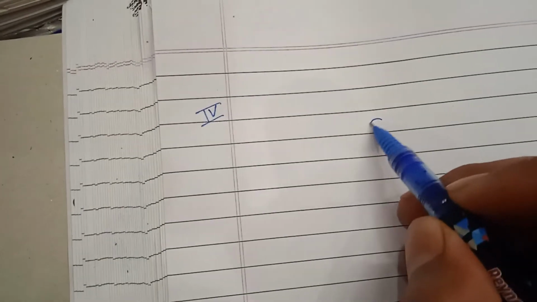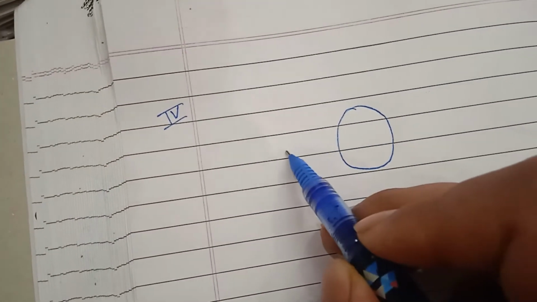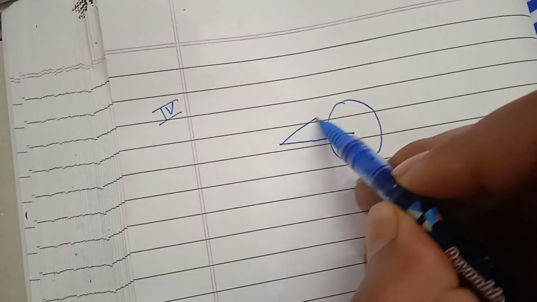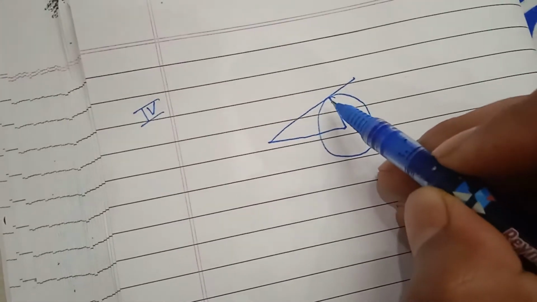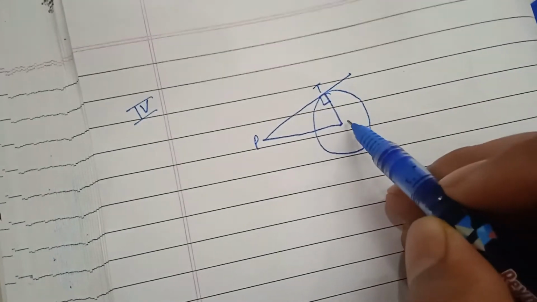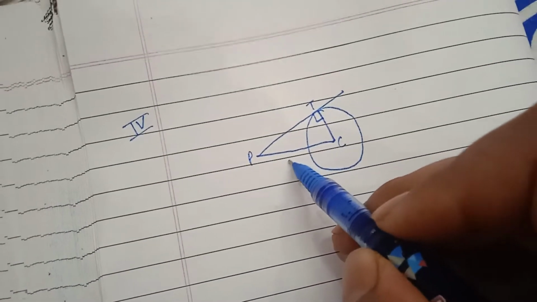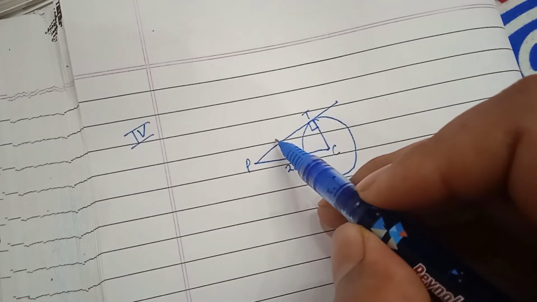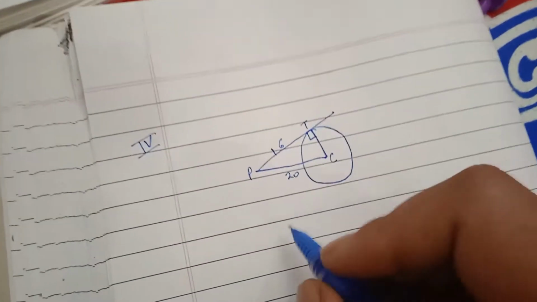The diagram is somewhat given like this. So CP is 20 cm and PT is 16 cm. We have to find TC.